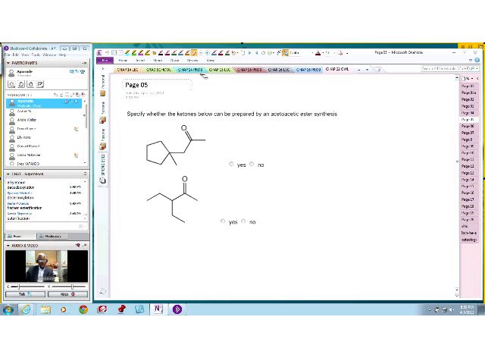Very good. Thank you. So what they want us to do here is to specify whether the ketones below can be prepared by an acetoacetic ester synthesis. In other words, this is direct synthesis, not a synthesis where afterward you do something else.